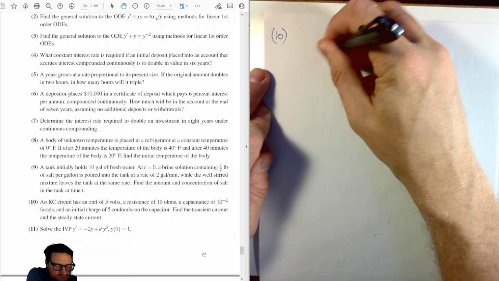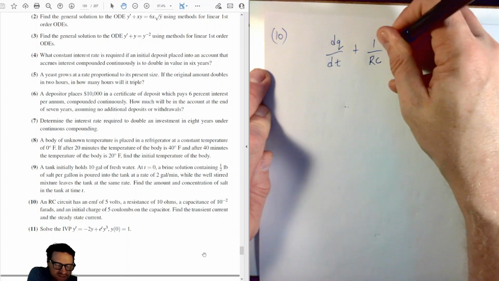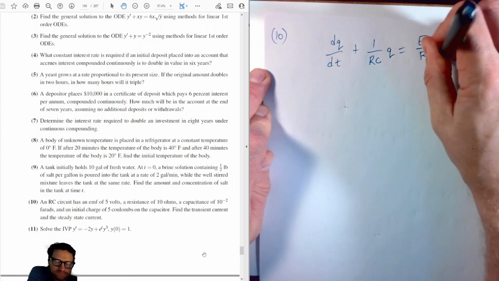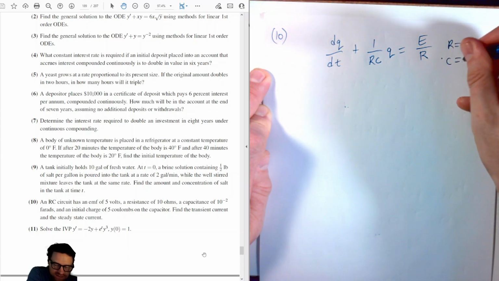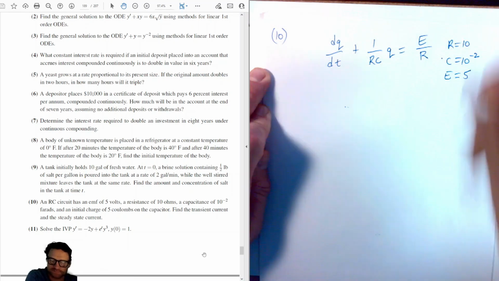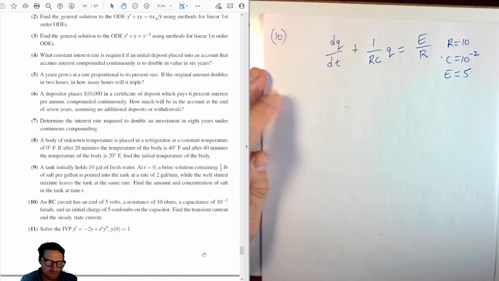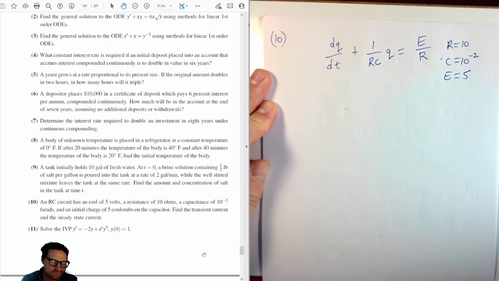So we have dq/dt plus 1 over R times C times q is equal to E over R, with R equal to 10, C equal to 10 to the minus 2, and E equal to 5 volts. Okay, so let's sub these values into our differential equation. E divided by R is 5 over 10, which is 1/2.